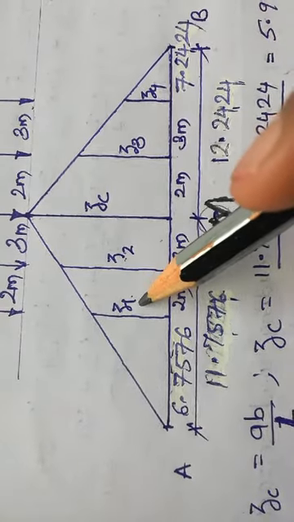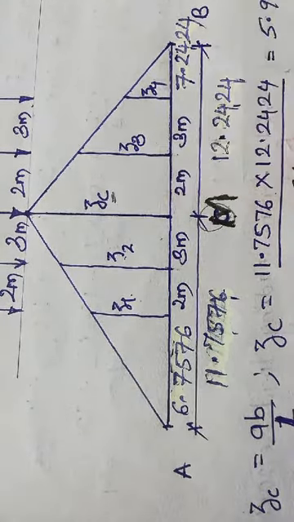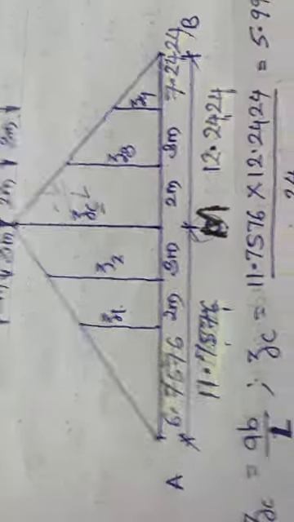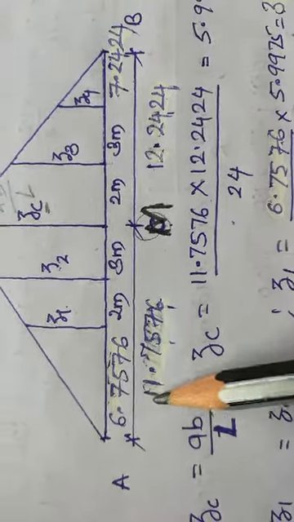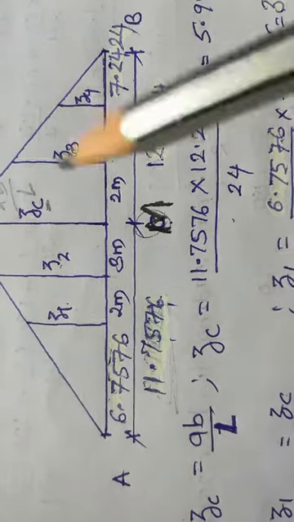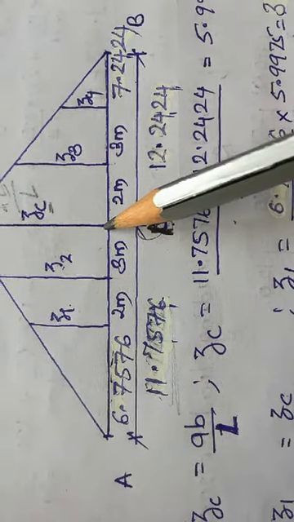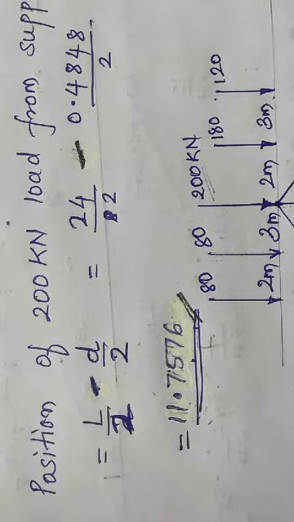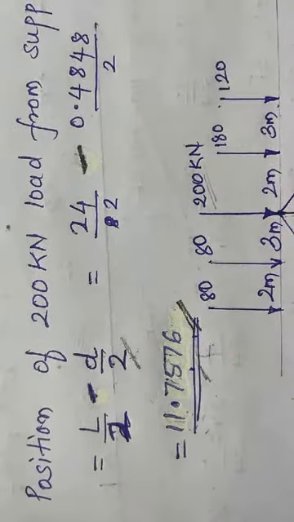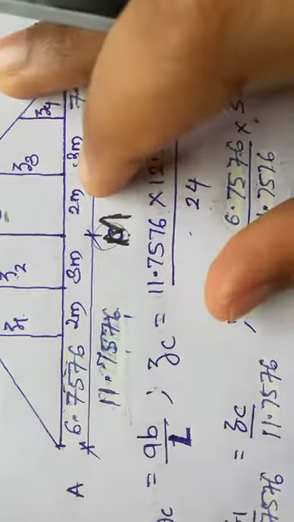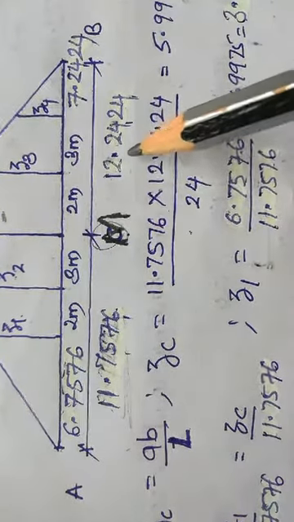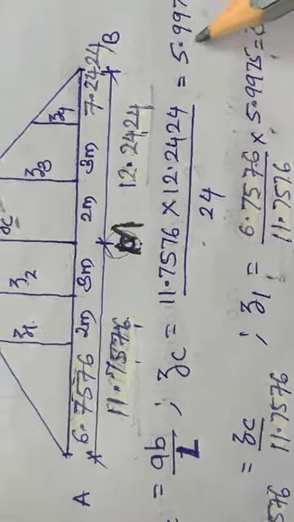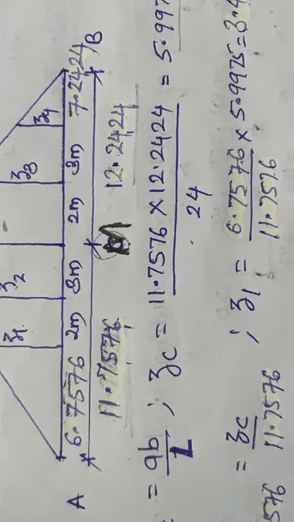Now ZC is the maximum ordinate and it is given by AB divided by L. The position of the 200 kilonewton load from point A, we calculated using this equation, and we got it as 11.7576. So the remaining distance will be B. After doing this calculation I got it as 5.997.